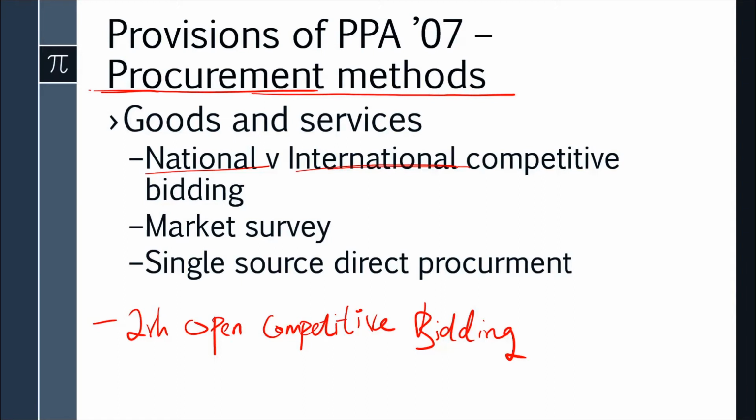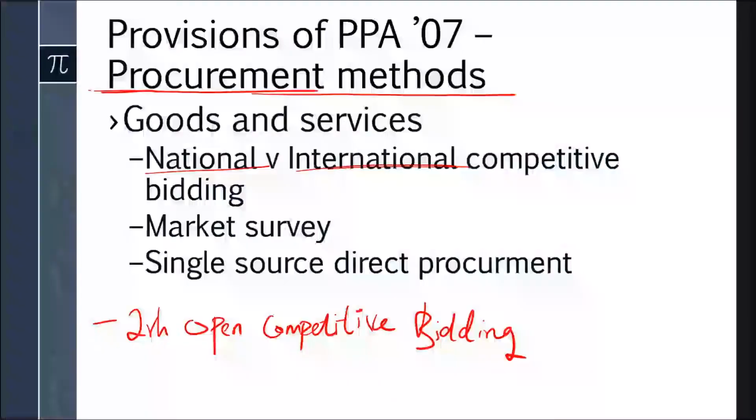Now, of course, there are times when a particular procurement activity will not pass through open competitive bidding. There are restrictions placed on such procurement methods, not just quantitative restrictions. That is, of course, there is an amount. No contract exceeding a particular amount can be done through non-open competitive bidding. For example, the tenders board will just search through the market and select a supplier without a competitive bidding process, or they will just go straight to a supplier without even surveying different suppliers.